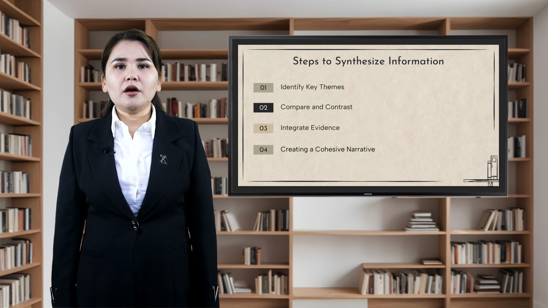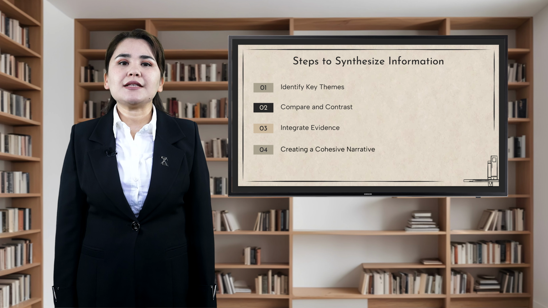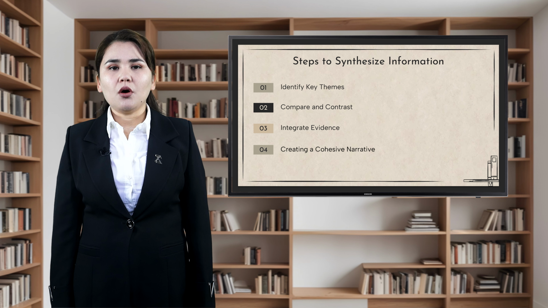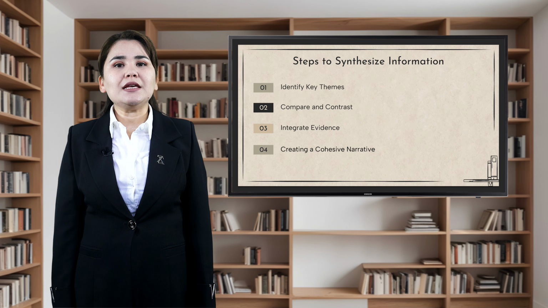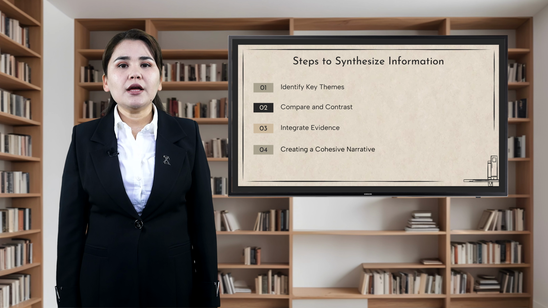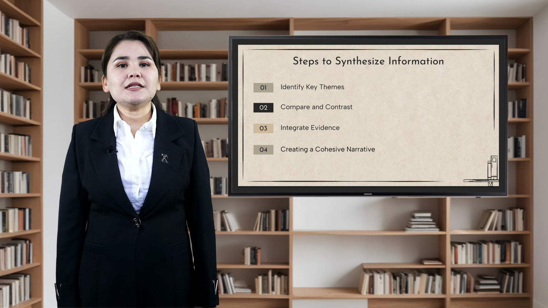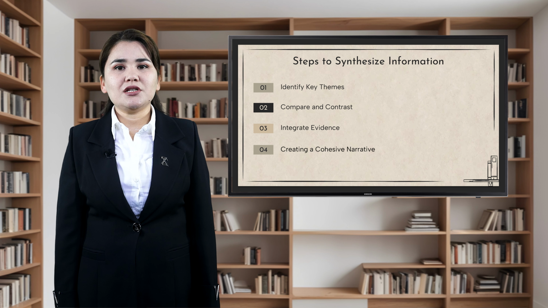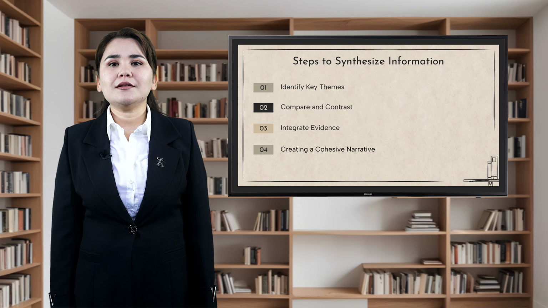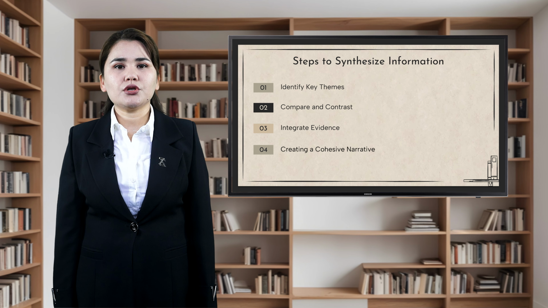For creating a cohesive narrative, as you synthesize your findings, try to build a logical structure or flow. This could be in the form of an outline, a concept map, or even a draft of your final work. Synthesis is often the most challenging part of the research process, but it is where the real value of your research emerges.